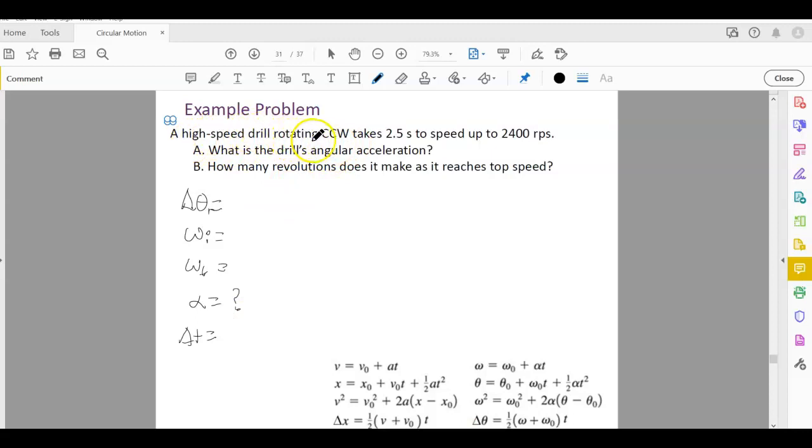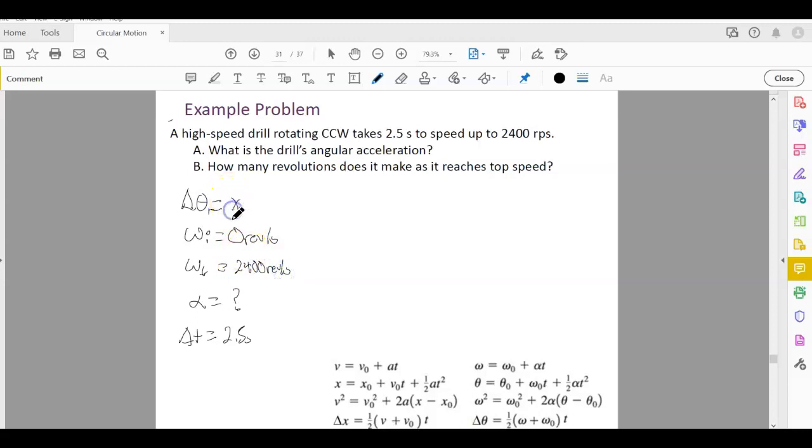The drill is rotating counterclockwise, and in 2.5 seconds it speeds up, I'm assuming that means from rest, to 2,400 revolutions per second.